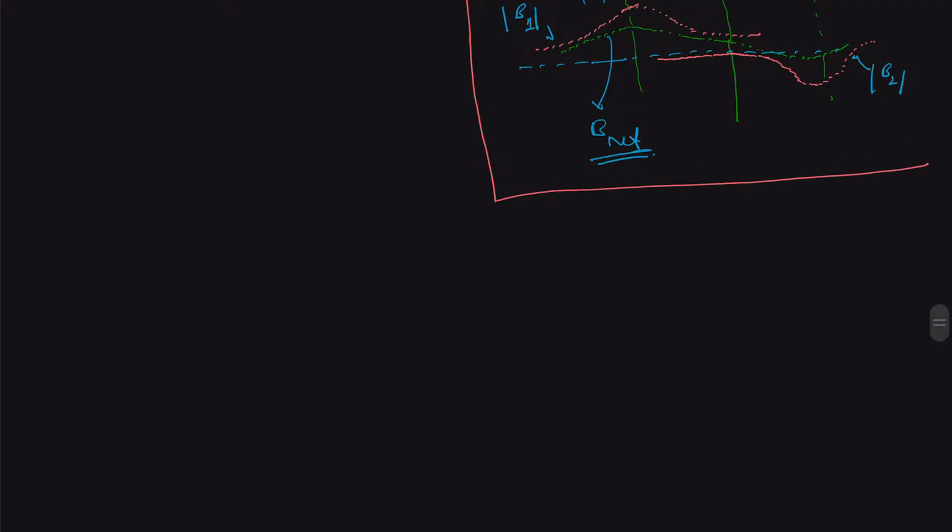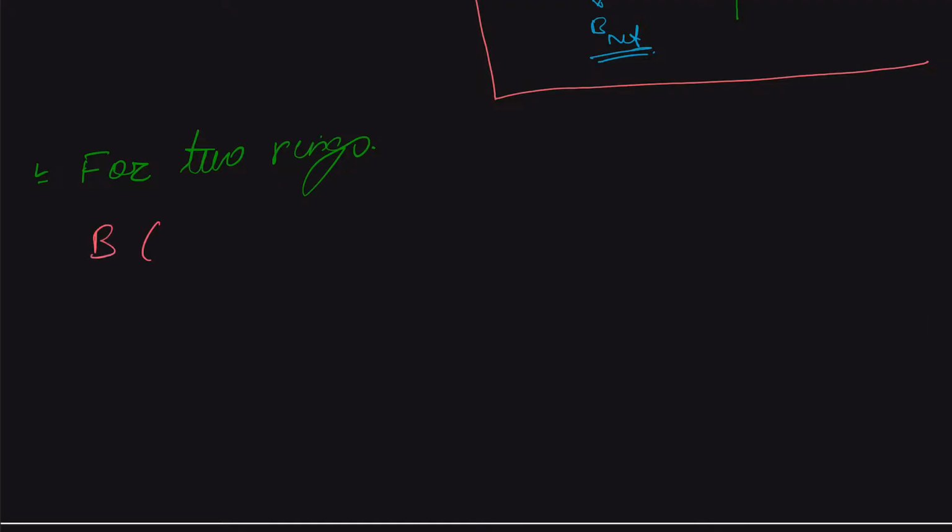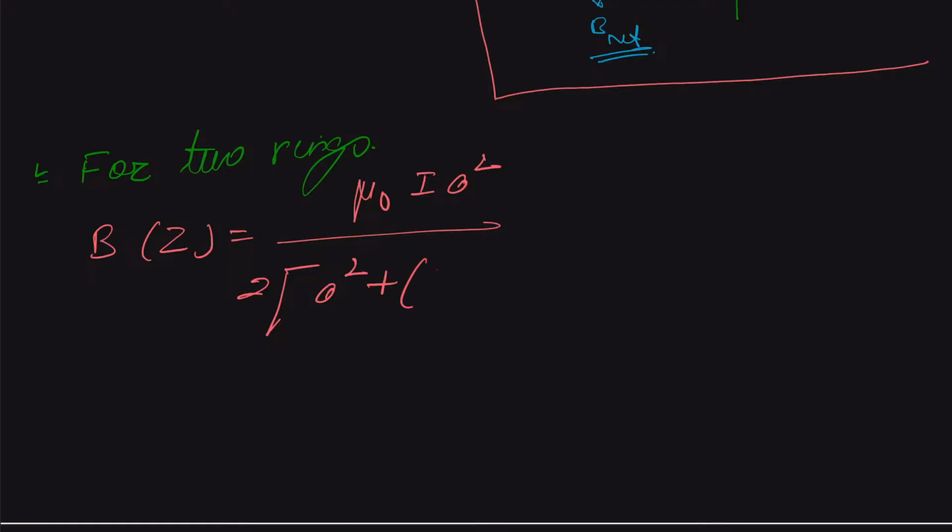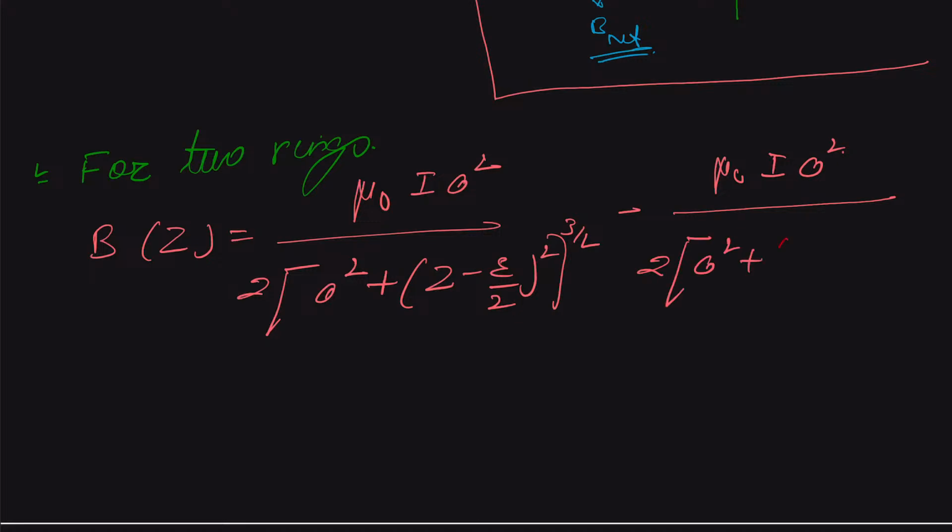So we can say that for two rings, our magnetic field at Z will be equal to μ₀Ia² over 2(a² + (z − ε/2)²)^(3/2), minus, because of the second ring, μ₀Ia² over 2(a² + (z + ε/2)²)^(3/2).